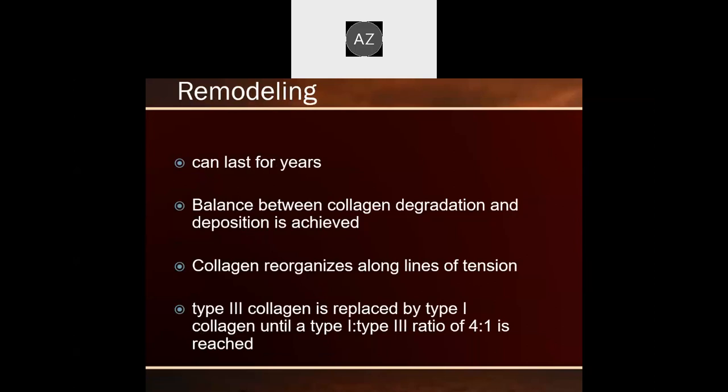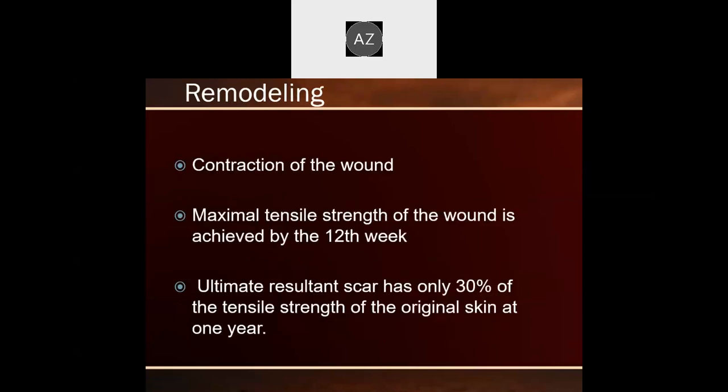Type 3 collagen is replaced by type 1 collagen until the type 1 to type 3 ratio is 4 to 1. This is on remodeling. Tension, collagen organization. We have replacement of collagen type 3 by type 1, and it lasts for years. It's contraction of the wound.